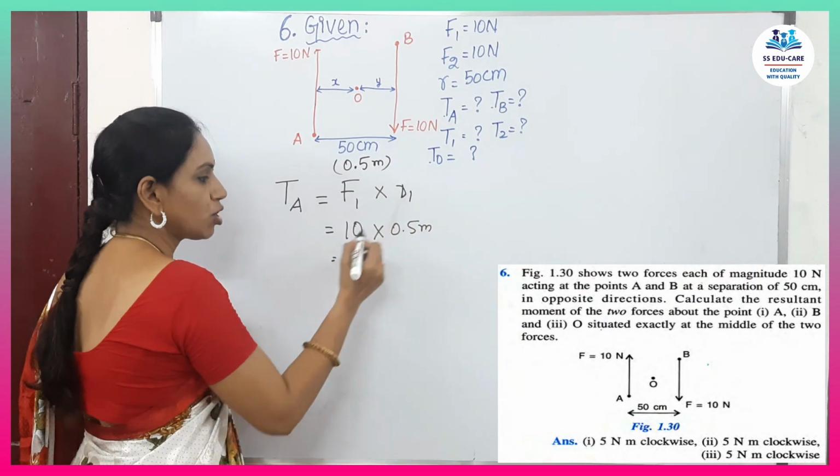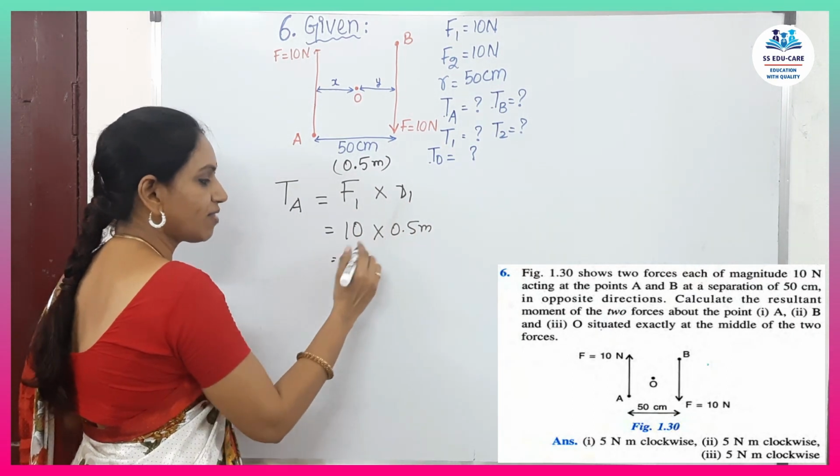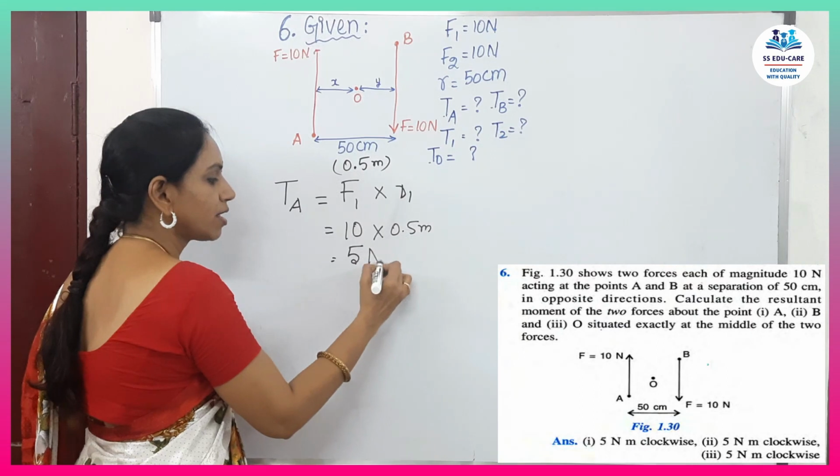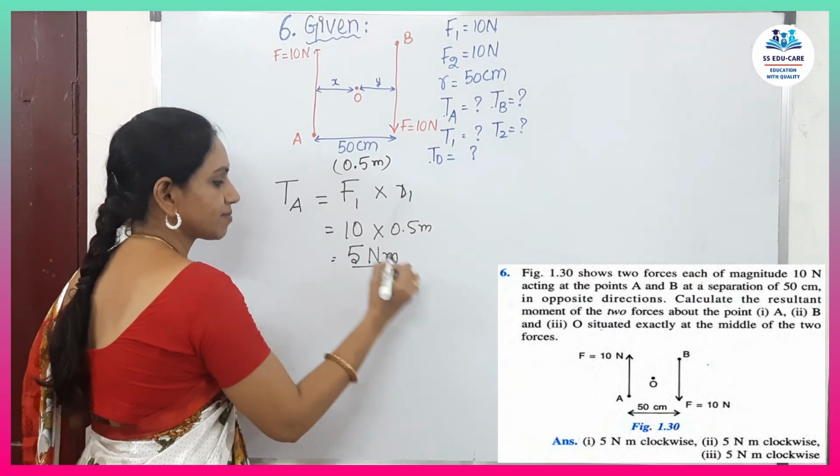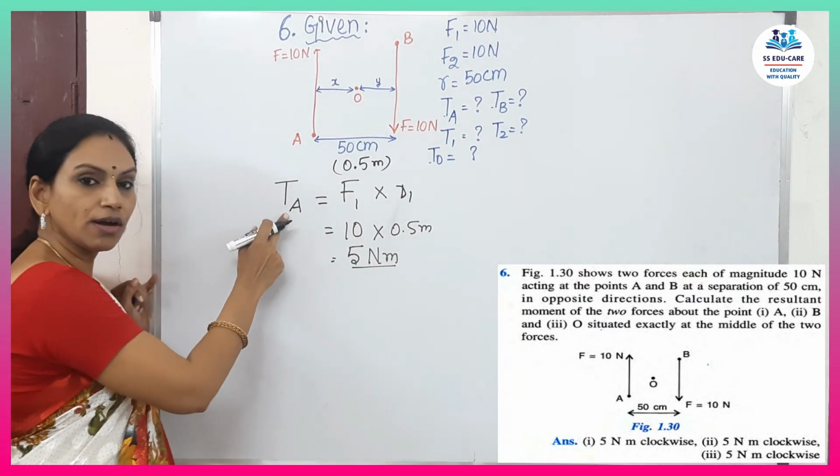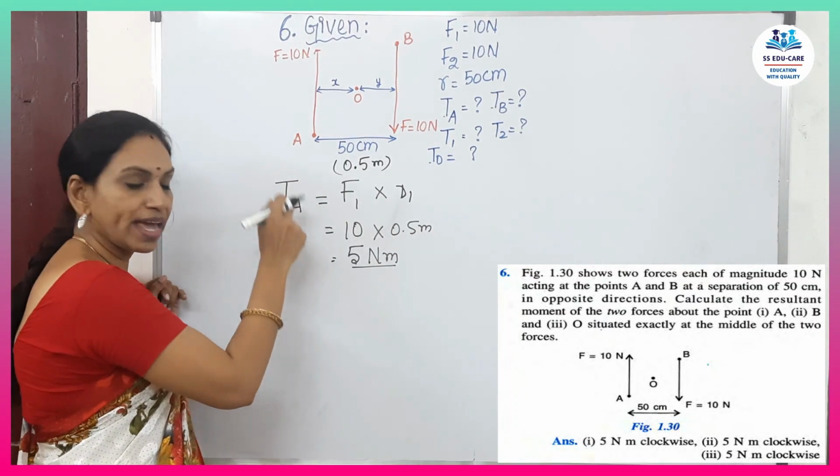So you will get 10 into 0.5, which is 5 Newton meter. Yes, this is your moment of force at point A.